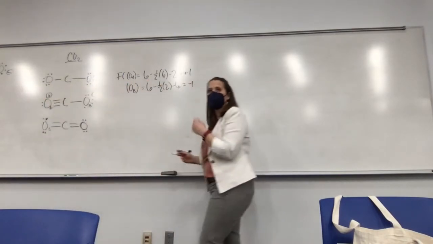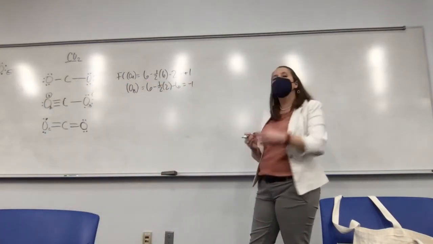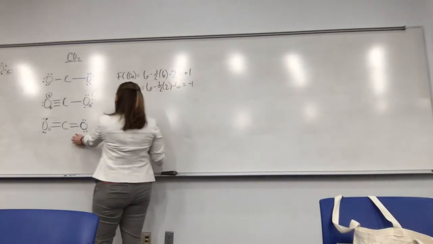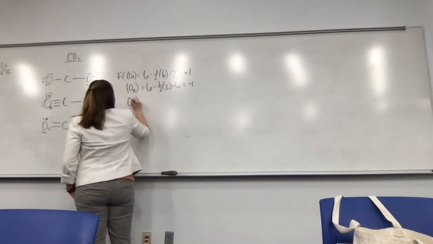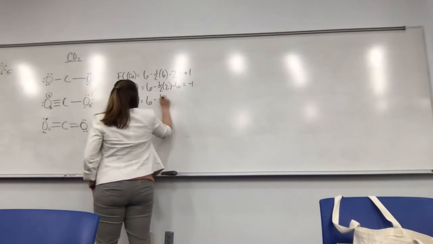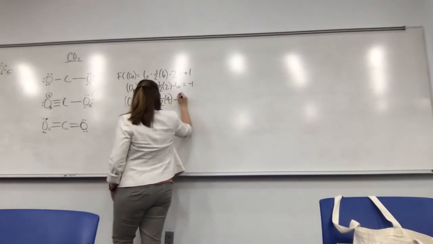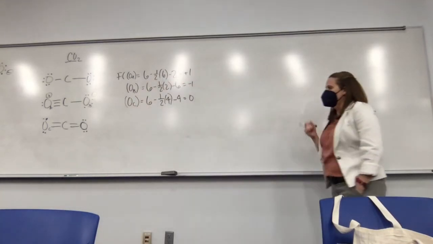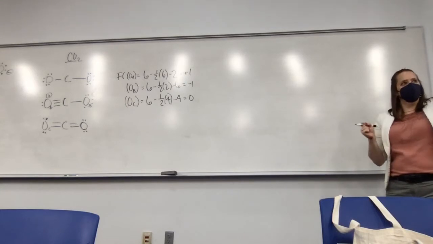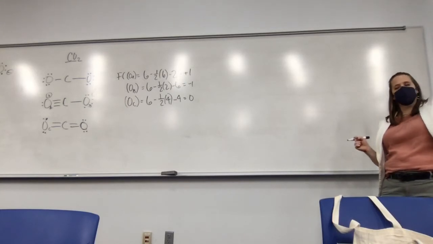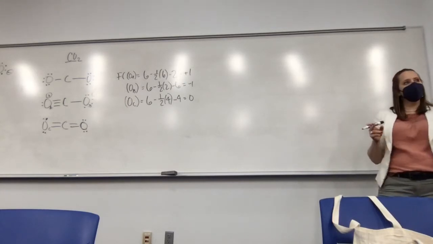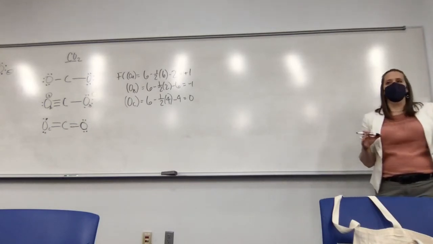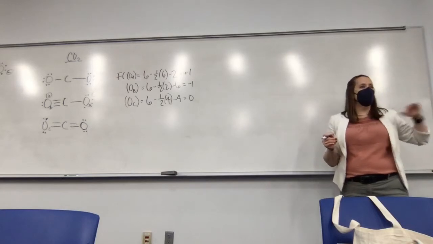Overall, this molecule is neutral, so it could be the most preferred structure. But let's look at this other structure. For OC, we have 6 minus half of 4 minus 4. And that gives us 0. So our options are CO2, so the top structure, which has 2 separate charges, but is overall neutral, or the bottom structure, where the formal charge on all atoms is 0.